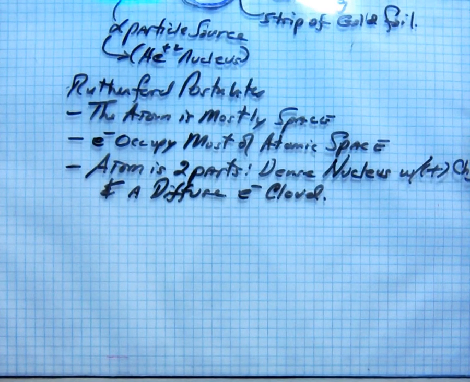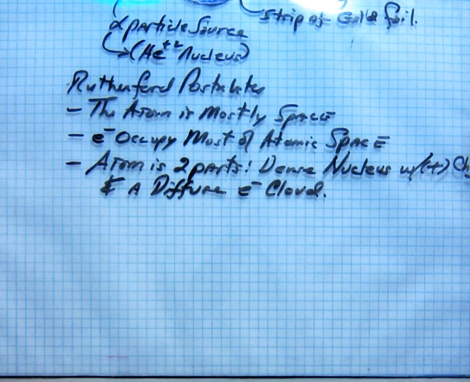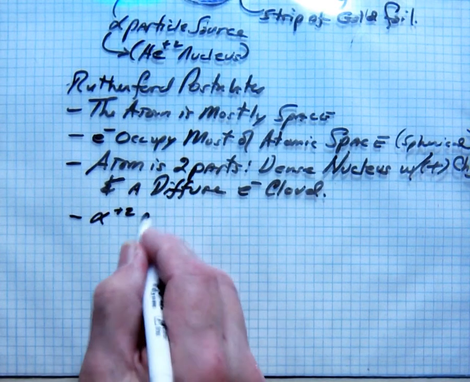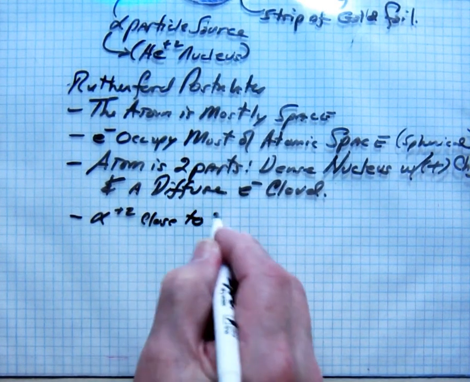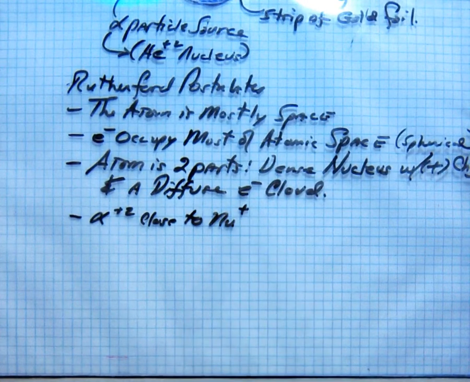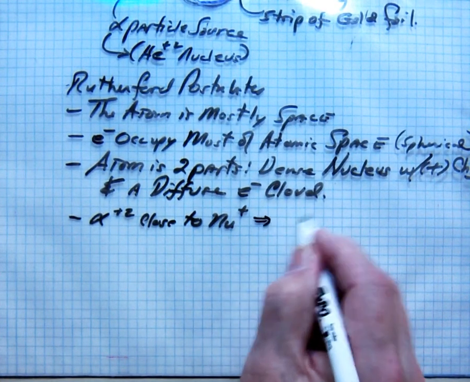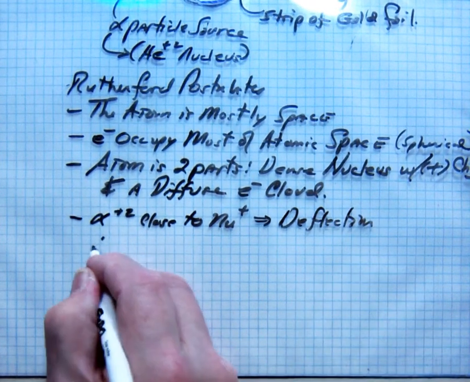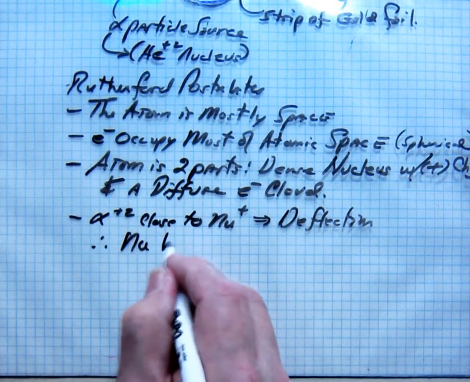Y'all got the top part up there? He goes on to say something in the general sense. A near miss of a nucleus by an alpha particle results in repulsion, deflection. Well, an alpha particle is positive, and close to a nucleus, which he saw as positive, results in deflection. Therefore, the nucleus has a positive charge.